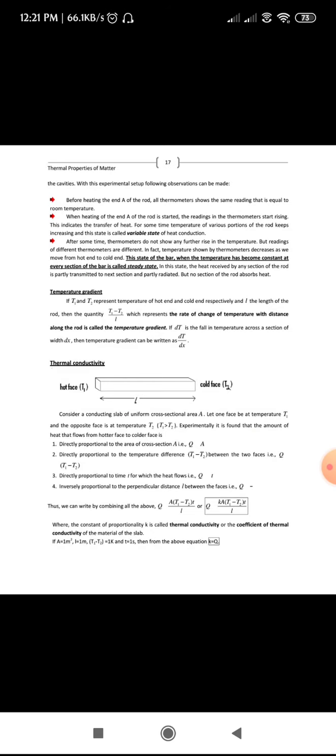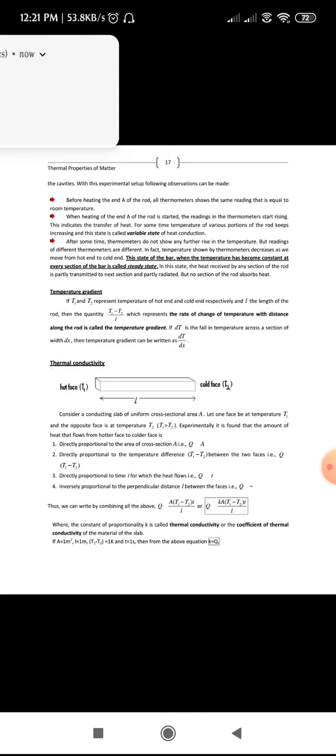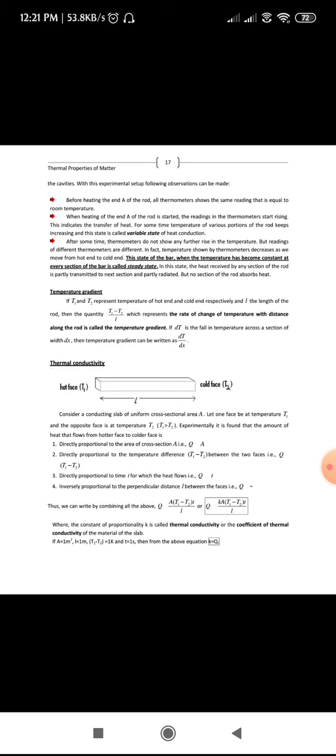The steady state of the bar is when the temperature has become constant at every section of the bar, so that there is no increase in the temperature shown by the thermometer.